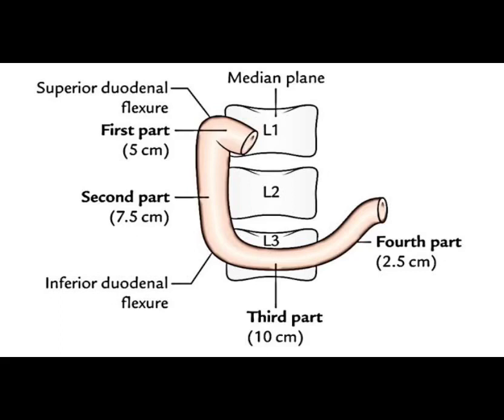The second part passes almost vertically downwards in front of the hilum of the right kidney, along the right side of the vertebral column, and it ends at the inferior duodenal flexure opposite the lower border of the L3 vertebra, and it bends to the left side in continuation with the third part of the duodenum.